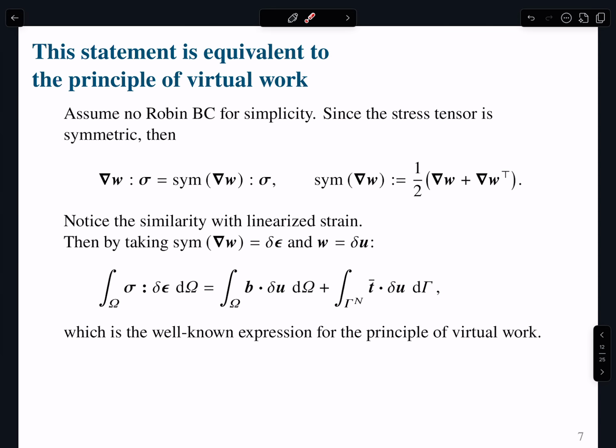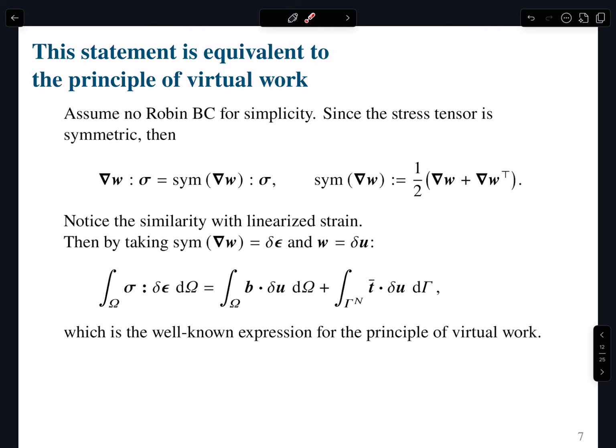And so if I define this term here as delta epsilon, and I just change the notation from W to delta U, our variational displacement or our virtual displacement, then just replacing back in the previous expression gives us an expression that is way more familiar to us. So as you see here, you have this term here. Remember that I got rid of all the Robin boundary conditions for simplicity.